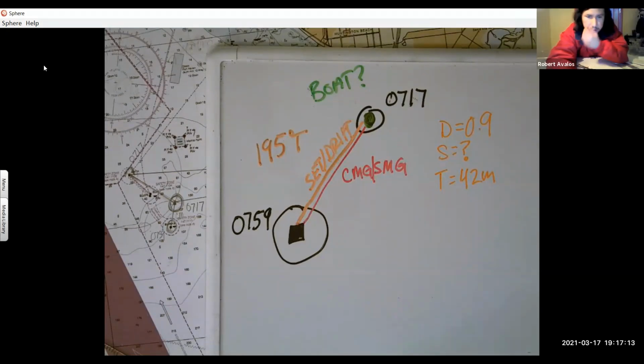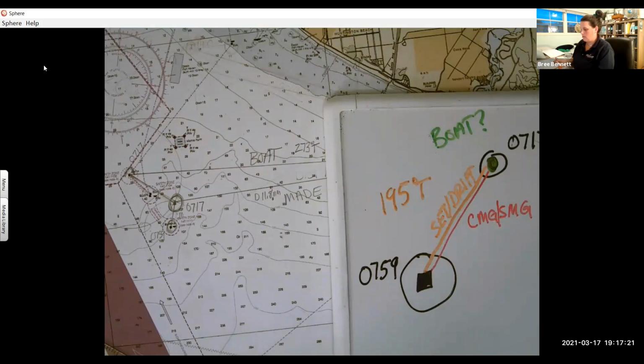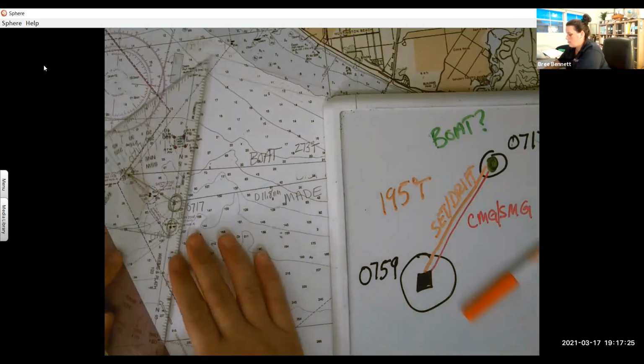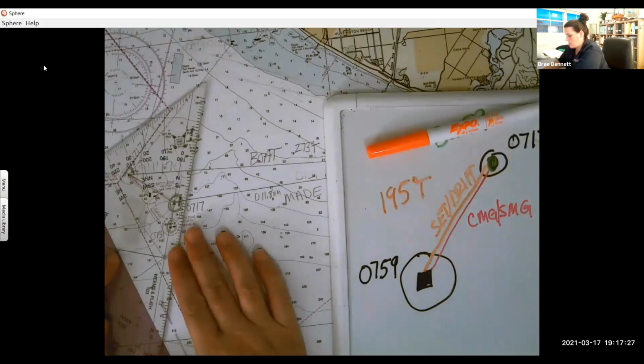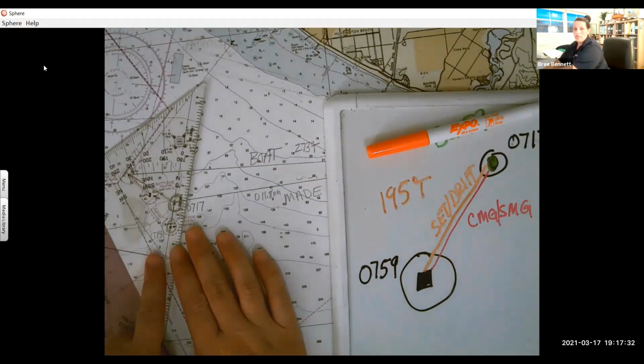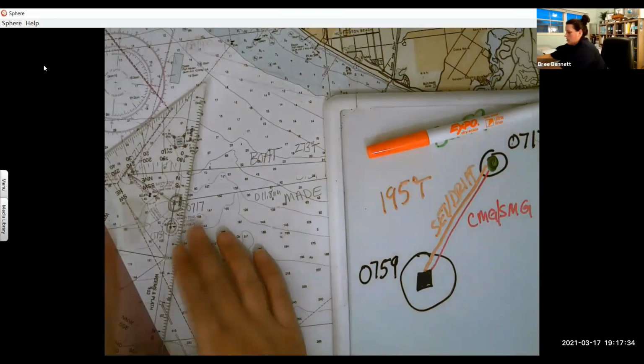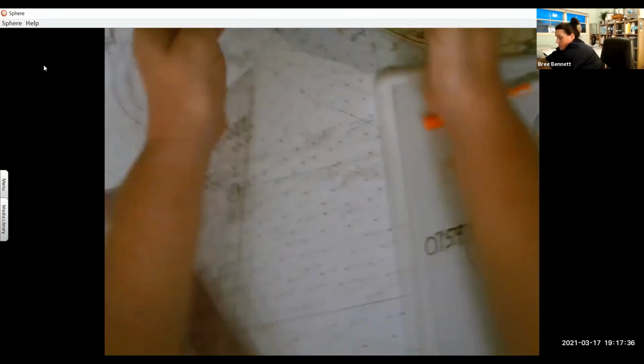I'm sorry, can I see how you did the triangle again to find the 195? Yes. So I measured the line. And then it's not on a vertical because it's close to a vertical. So let me scoot this over.